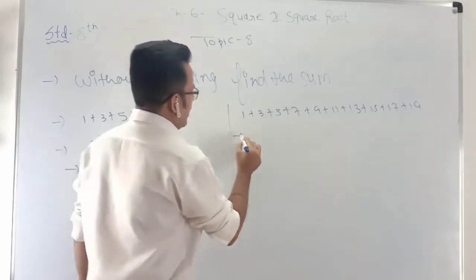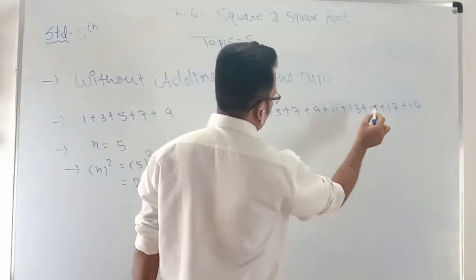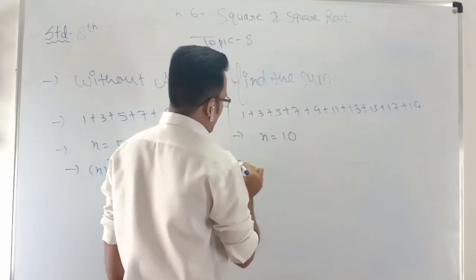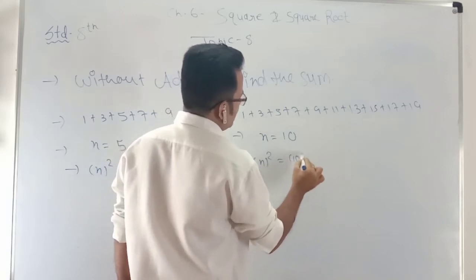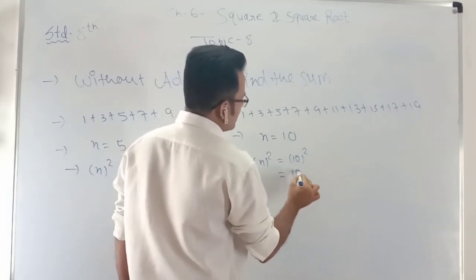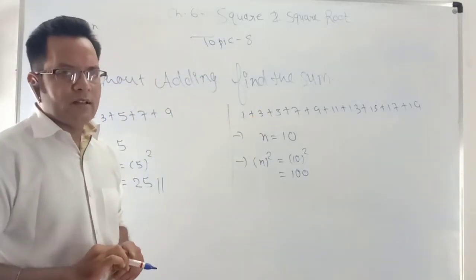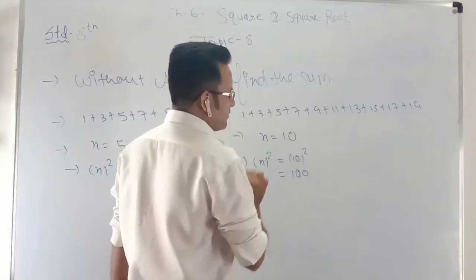Now here you see how many numbers are given. 1, 2, 3, 4, 5, 6, 7, 8, 9, 10. So here your n is 10. So your n square means 10 square. 10 square means 100. Now make the addition and see whether 100 comes or not. 1 plus 3, 4. Plus 5, 9.